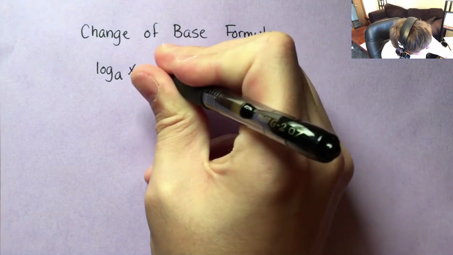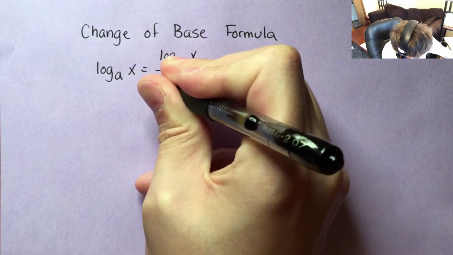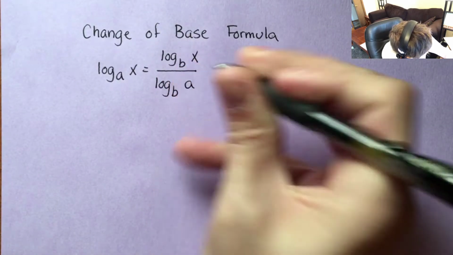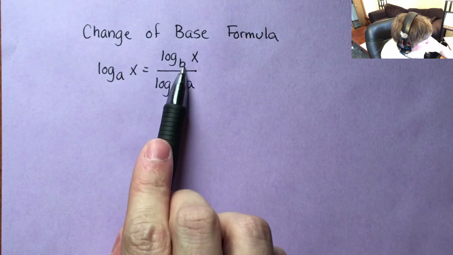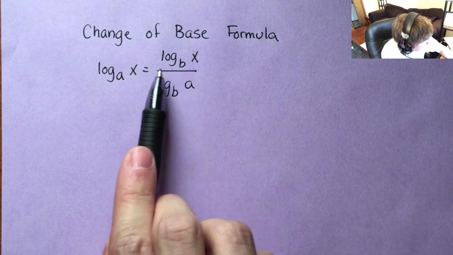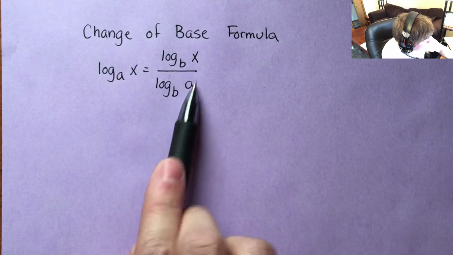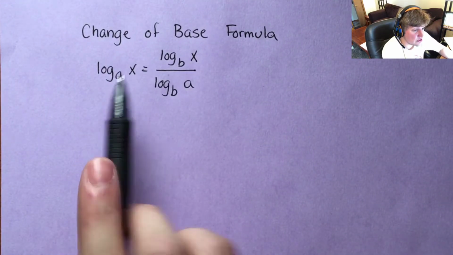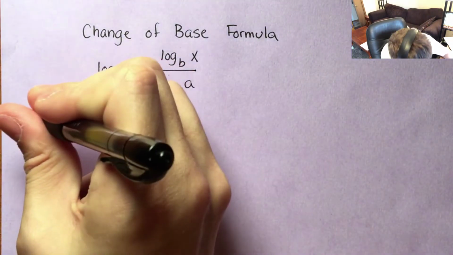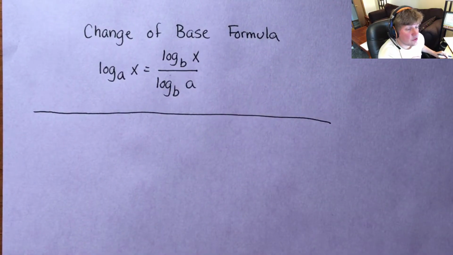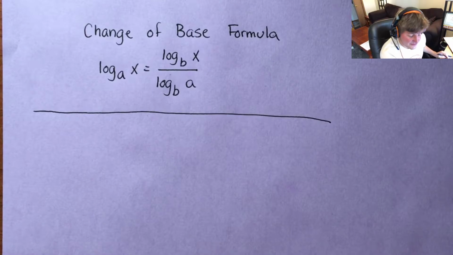So you can take a logarithm of any base you want of x, divided by the logarithm base b of a, and you divide these two and it's going to be equal to the original. So this is going to help us use the calculator to solve some of our logarithms.